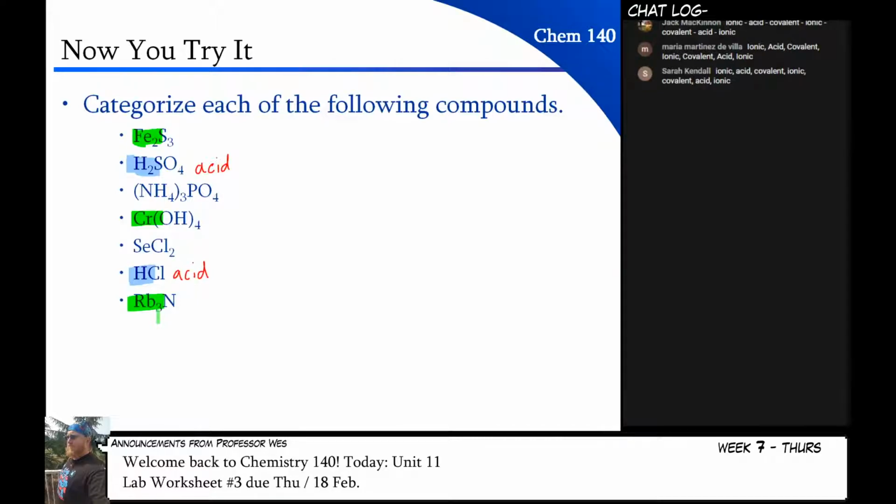So those must be ionic, but what else is ionic? Well, ammonium in a compound is also ionic. So these are all ionic. Which means that this leftover one right here, which I gotta get a new color for, that's my only covalent.